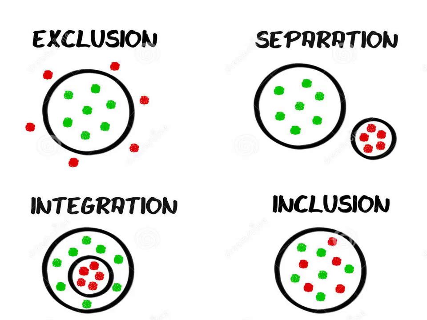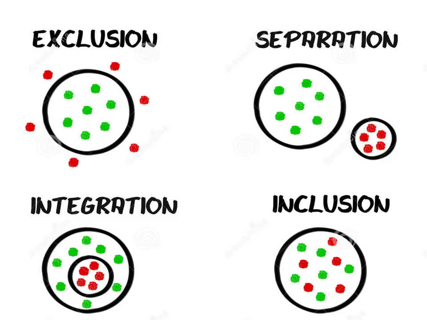The integration model is where all students are in the same classroom together, but students with disabilities are really separate from the curriculum, from the classroom, from the way that they engage in the classroom.